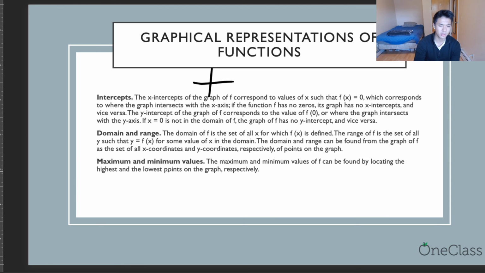Maximum and minimum values are saying, is there a point in which your function peaks and there's no other point at which it surpasses that value? That's your maximum. And your minimum value is saying, is there any point in which you have a low point and you never again reach that low point? I think maximum and minimum values can be best symbolized by parabolas. So a maximum value would be a negative parabola.